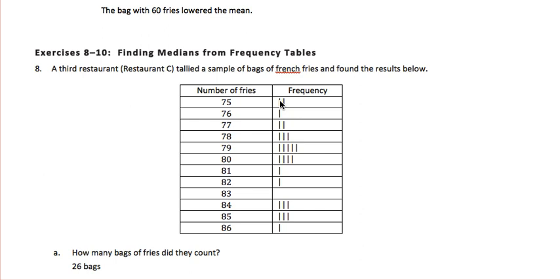If there are 26 pieces of data, then halfway would be 13, which would be in between 79 and 80.